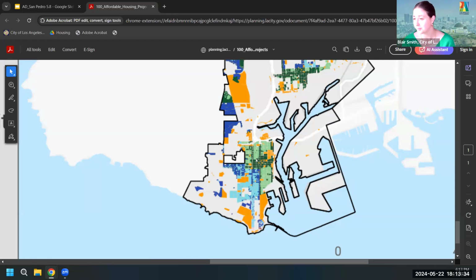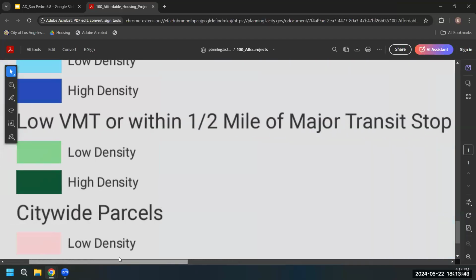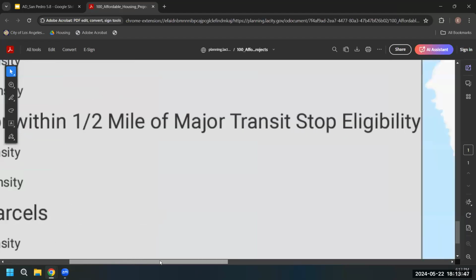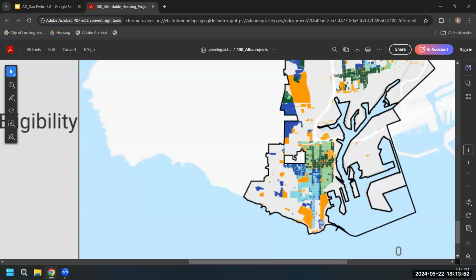Sorry, I couldn't hear that. It's not the only thing that the green section delineates in the description off to the left that we can't see right now. It's vehicle miles traveled and also within a half mile of a transit stop. We've measured these transit maps in San Pedro and we haven't found any that actually meet the requirements to qualify for those. So I'm assuming that most of these green areas are based off of vehicle miles traveled rather than the transit stop.